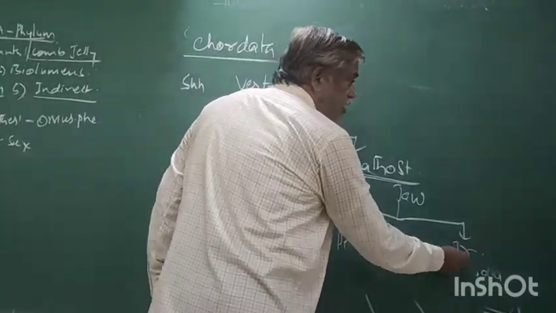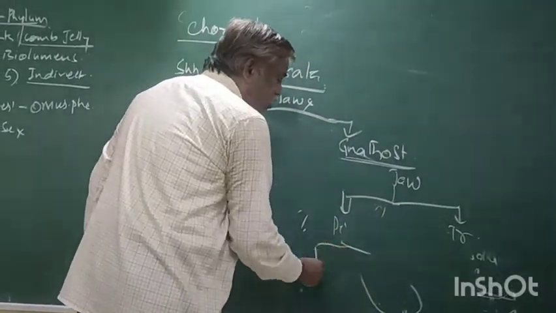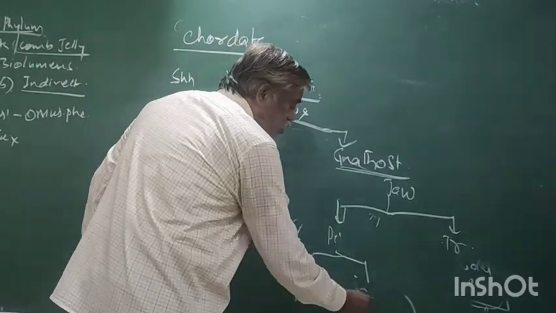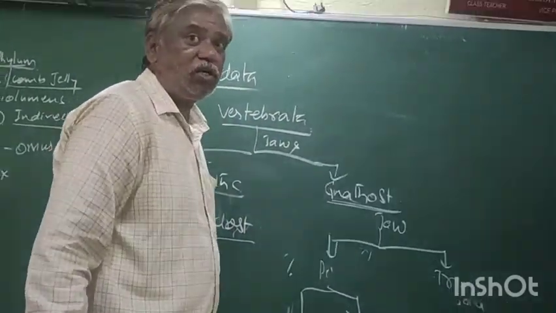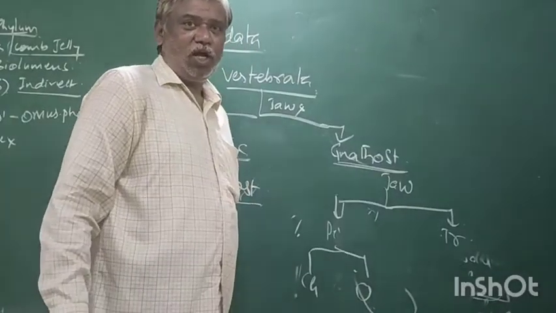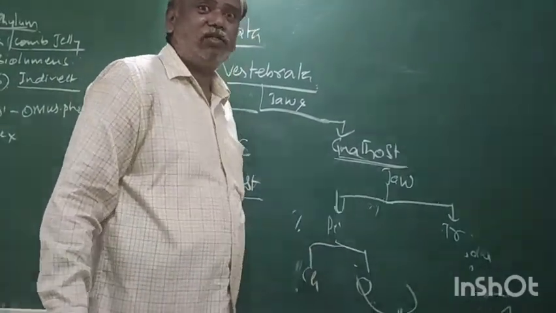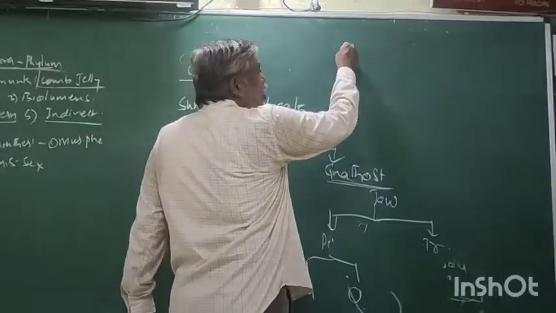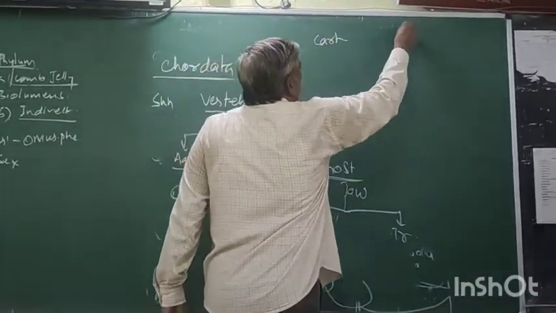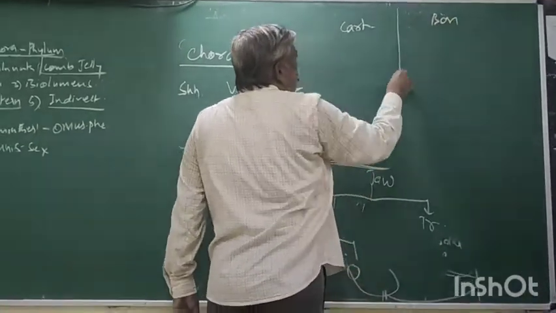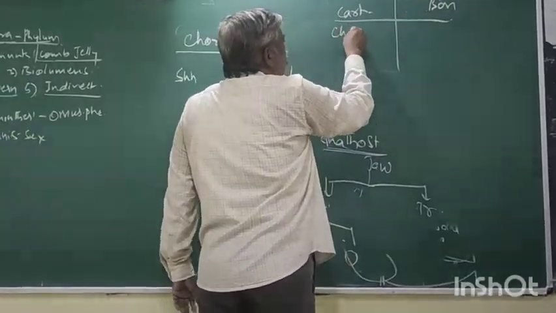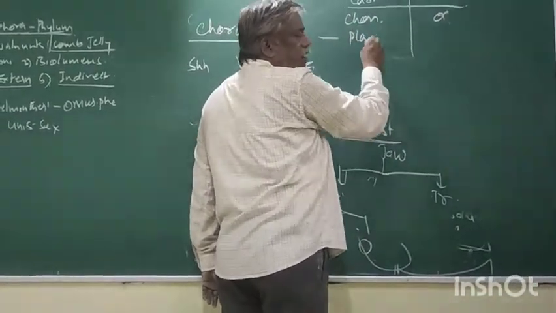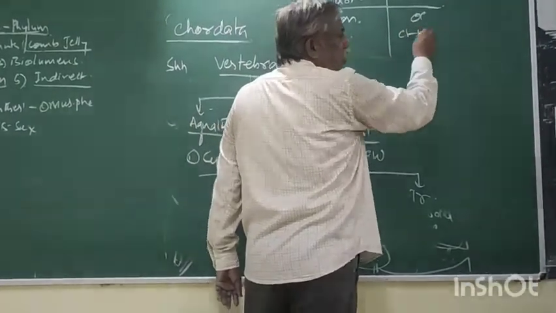If it is limbs, Tetrapoda. Pisces again has two types: chondrichthyes, cartilaginous fishes, and osteichthyes, bony fishes. Scales are placoid in cartilaginous fishes. In bony fishes, they may be cycloid or ganoid.